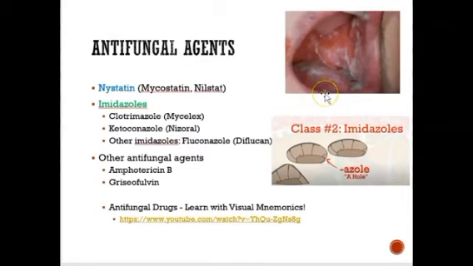The first antiviral drug we see is acyclovir. Acyclovir is a nucleoside analog which undergoes phosphorylation to its monophosphate in a virus-infected cell via the viral thymidine kinase, and the monophosphate is then converted to the triphosphate, which inhibits the viral DNA polymerase, and so prevents viral DNA synthesis and replication.